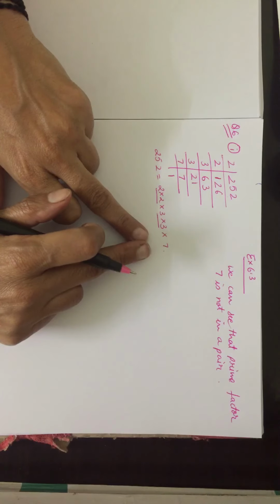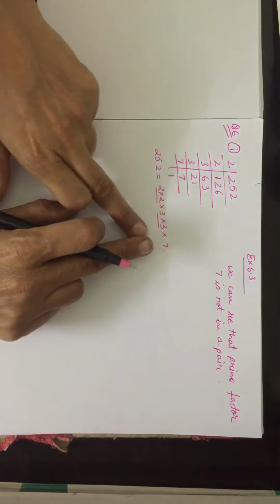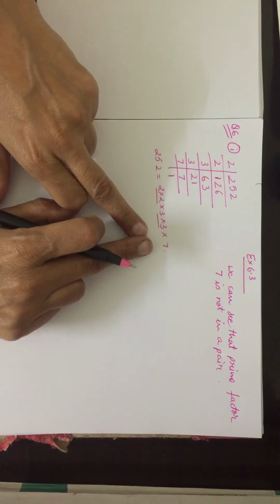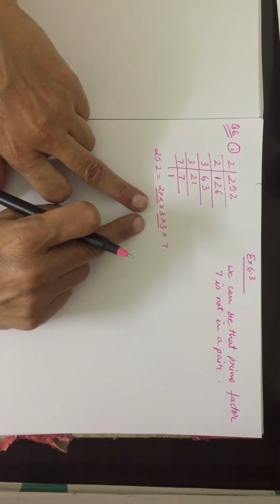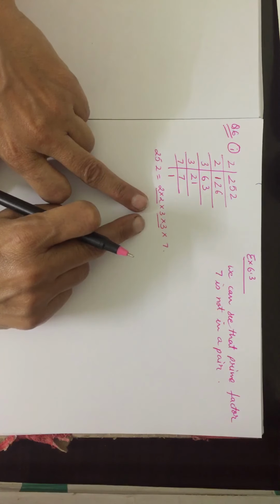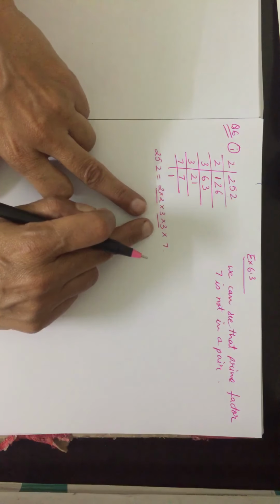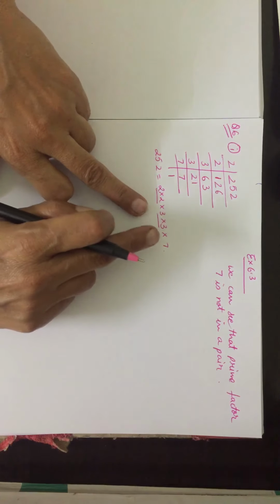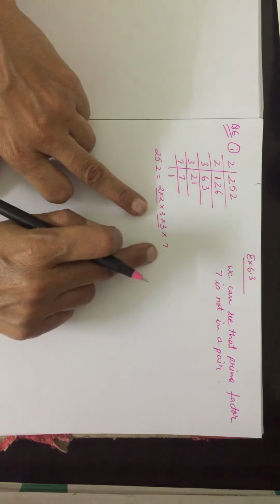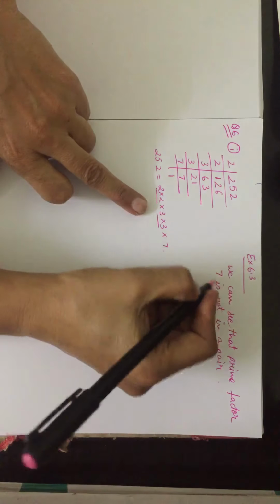We can divide it by 7. 252 can be divided by 7 to make a perfect square. Just now 252 is not a perfect square. So in order to get a perfect square, each number has to be paired out, isn't it? Each number has to be paired out, but here 7 is not making a pair, so we need to vanish out this factor.